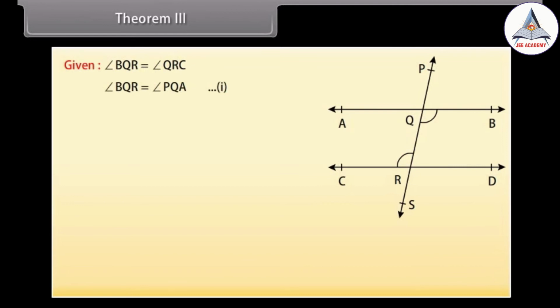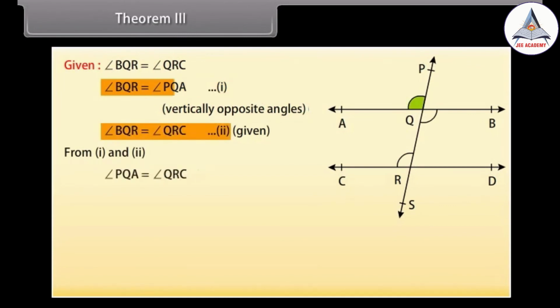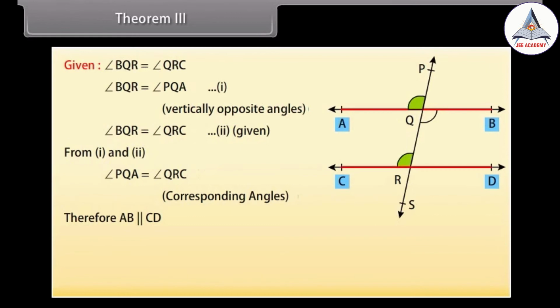Also, angle BQR is equal to angle PQA because these are vertically opposite angles. Mark it as 1. But angle BQR is equal to angle QRC given. Mark it as 2. So, from 1 and 2 you may conclude that angle PQA is equal to angle QRC. But they are corresponding angles. So AB is parallel to CD, by the converse of corresponding angles axiom.